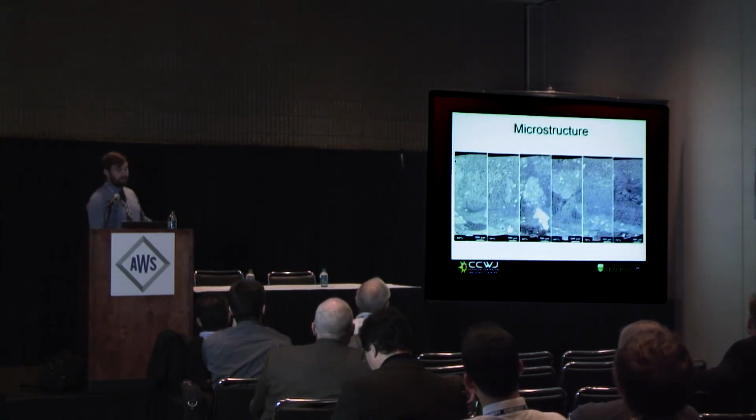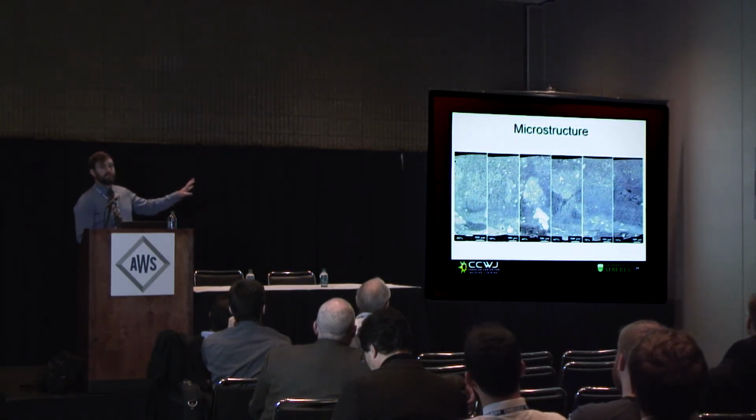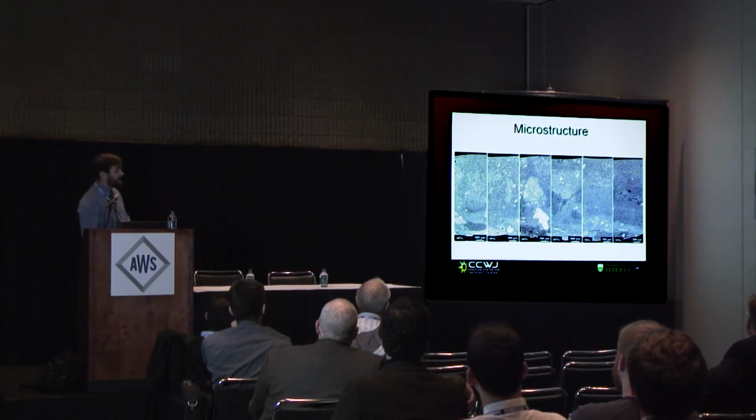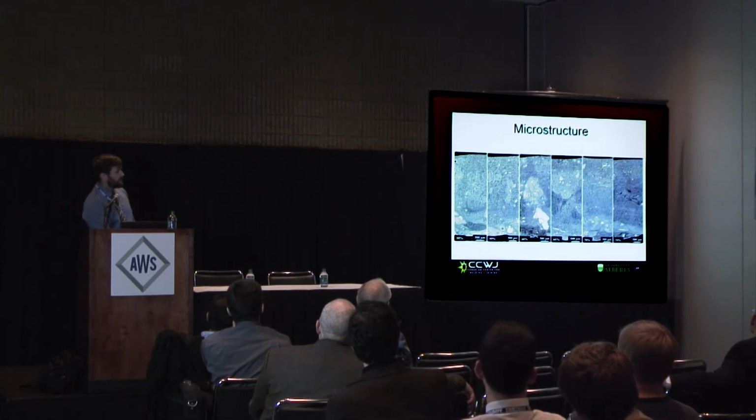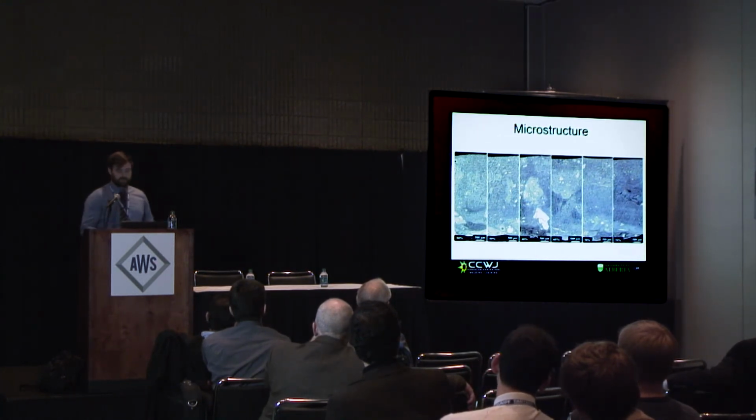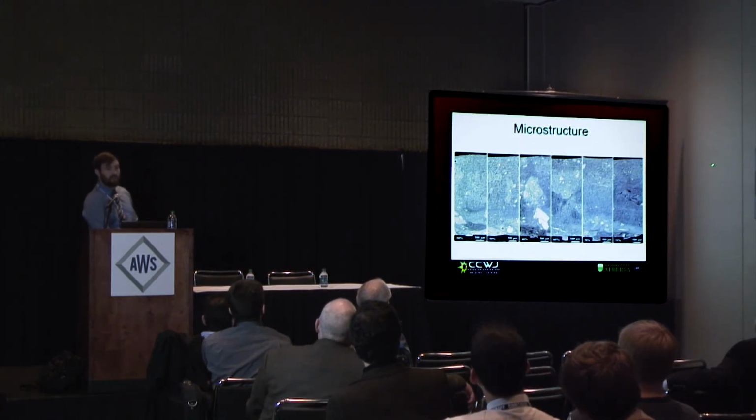So what I did was I took hundreds of photos and then stitched them together and got pictures like this. And now, once again, you can see this big change in the microstructure going from 50% to 75%. You can see primary carbides from the top to the bottom in the first couple of micrographs, and then at the end we get back to what we were used to seeing, which was hypereutectic at the top and then hypoeutectic at the bottom.